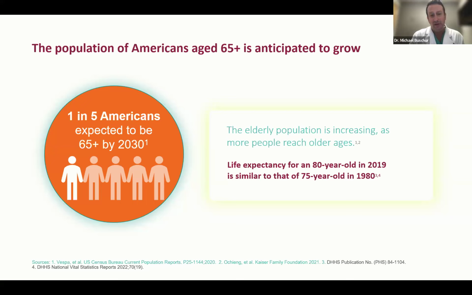And in the next 5 years, 20% of Americans will be age 65 and older. So because a lot of the aortic stenosis that we're seeing in America is calcific and is driven by the aging population, the prevalence of aortic valve stenosis is increasing quite a bit. Okay, next slide, please.